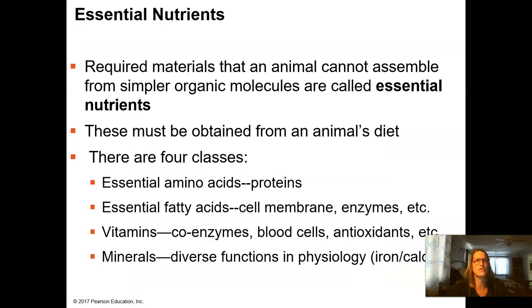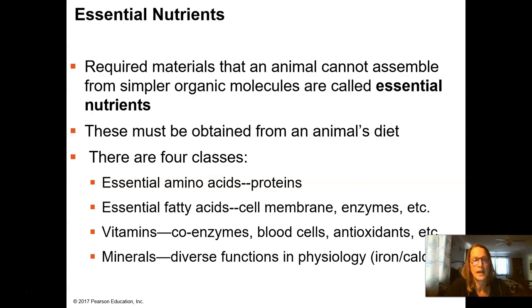Okay, so for essential nutrients, what it means to be essential is essential materials or essential nutrients are any materials that are required that the animal can't make itself from something that's more simple. So sometimes an animal can consume simple molecules that it can use to create larger macromolecules, but in some cases, if the required materials have to be consumed in their usable form, then that's when they're called essential nutrients.